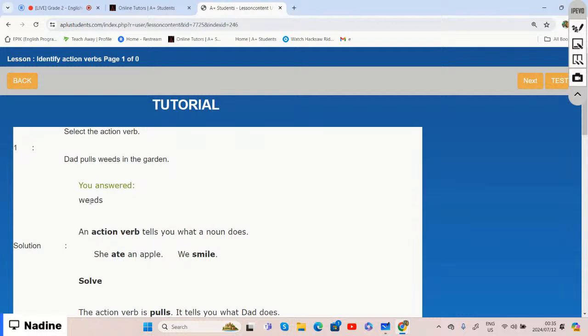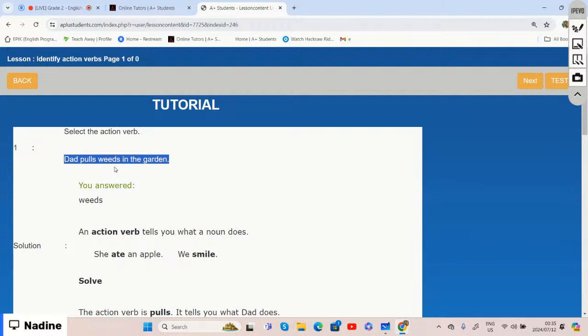So if we're going to look at our sentences now, we are going to select the action verb within the sentence. The sentence is Dad pulls weeds in the garden.